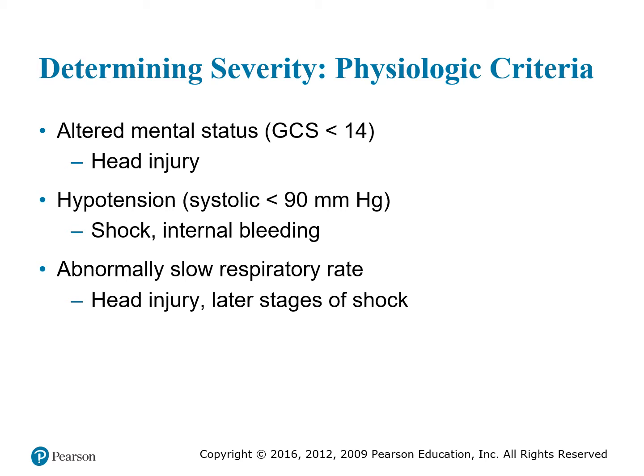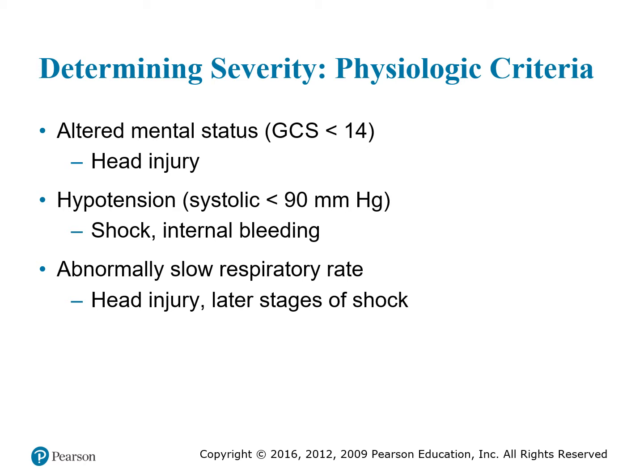We're alert and oriented to everything. We've got good eye movement, good motor response, things like that. So any altered mental status is going to be anything below 14. So we're 15s, but anything below a 14, they're going to have an altered mental status. If they have a head injury, for example, that's probably going to produce that. So if they're anything less than 14, that determines a severe patient.